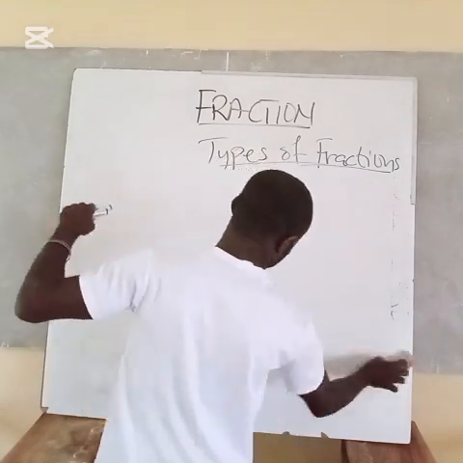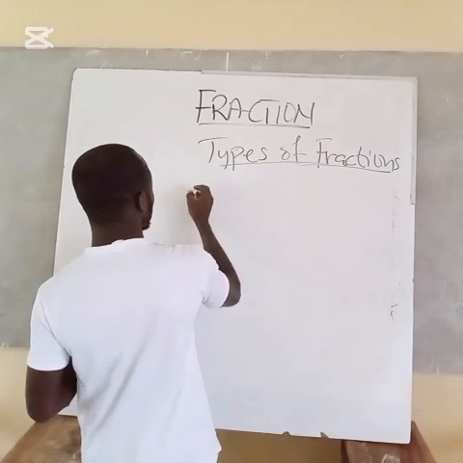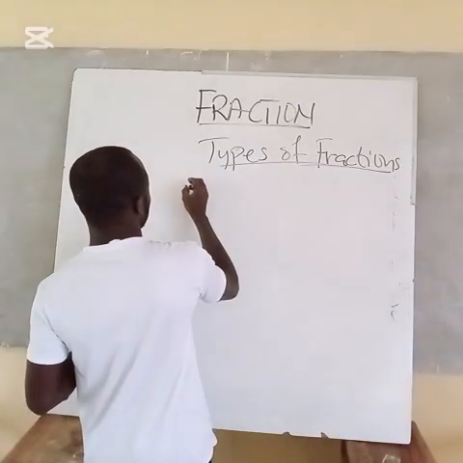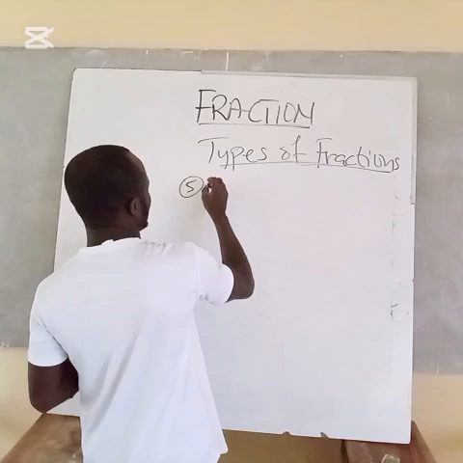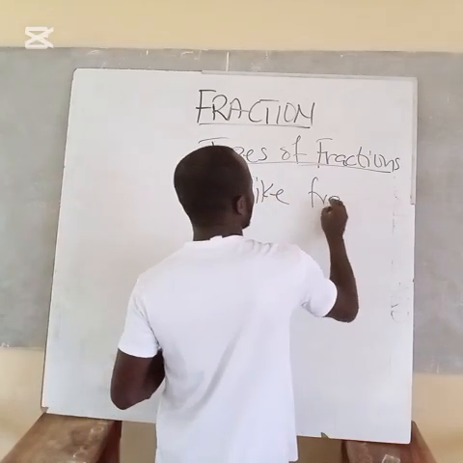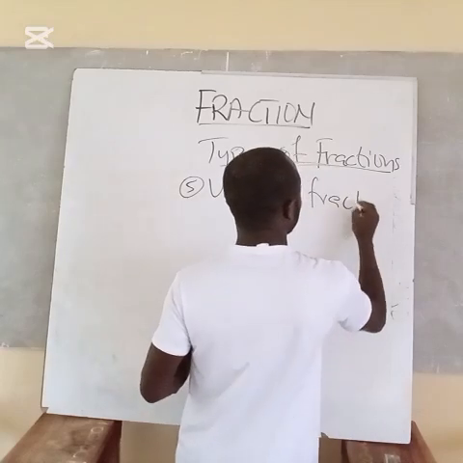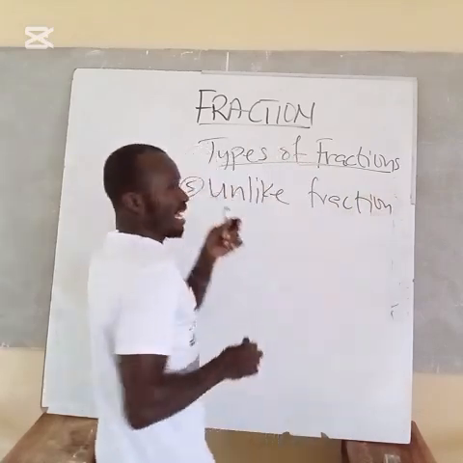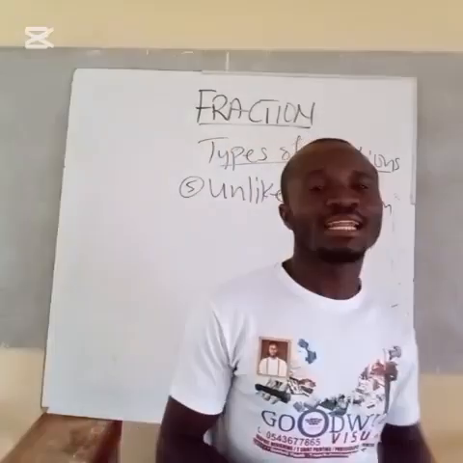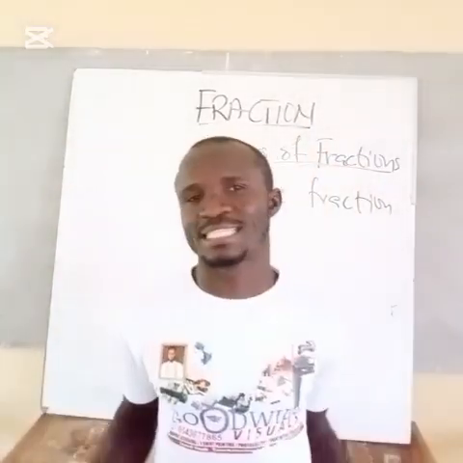Now let's go on with the unlike fractions, then that ends the lesson. The fifth one, the unlike fractions. These are two fractions whose denominators are different.